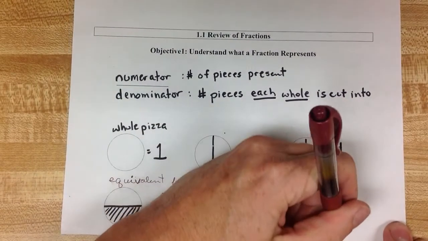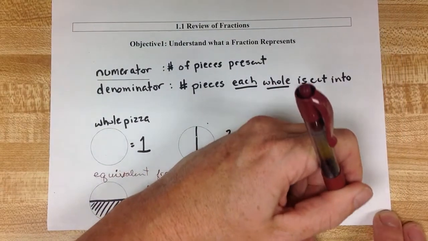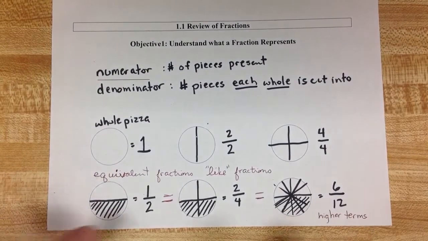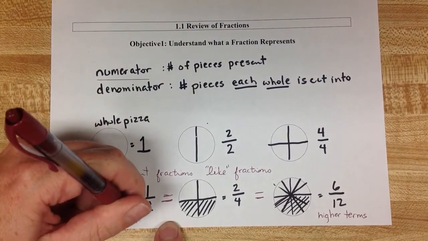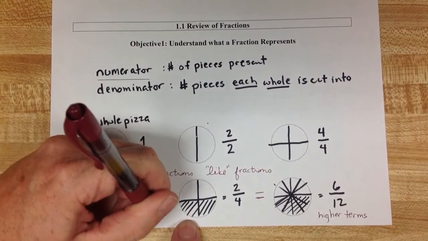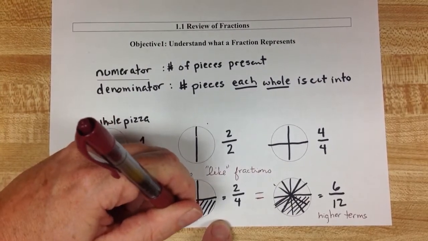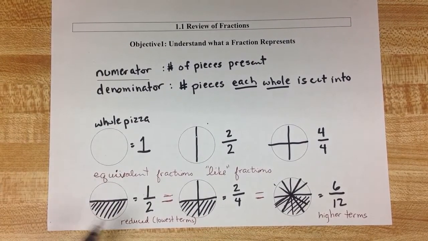This fraction is in higher terms, and this fraction is reduced to lowest terms. So we've taken the amount of pizza that we have and left it in as large a piece as is possible out of the original whole.